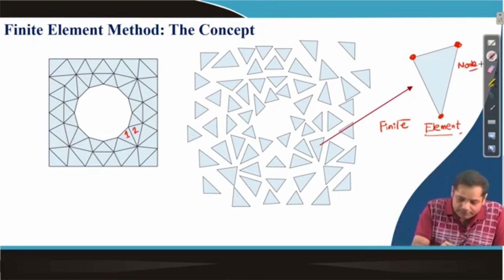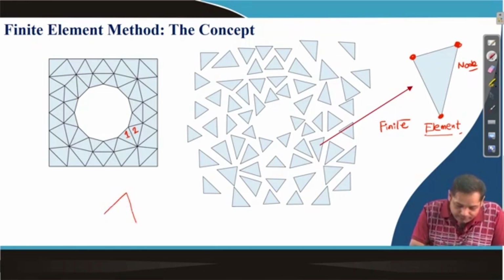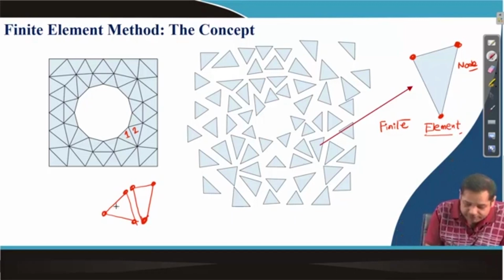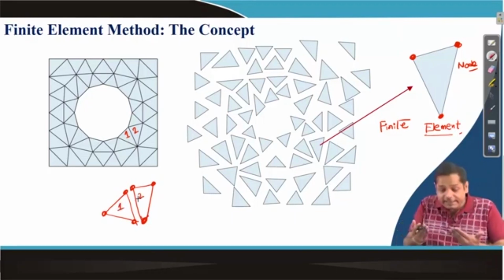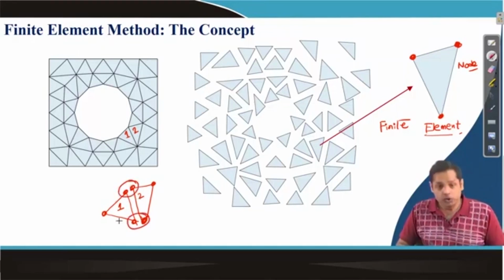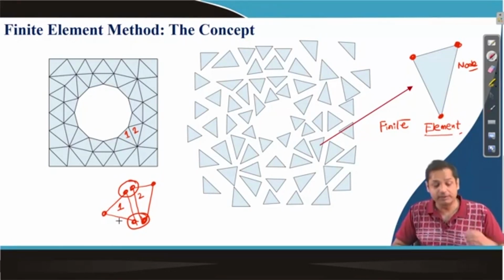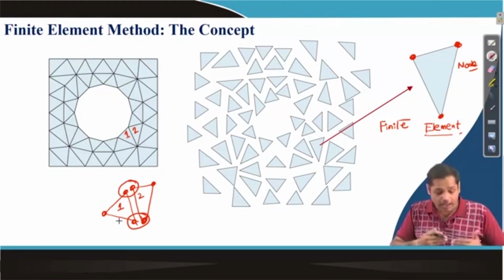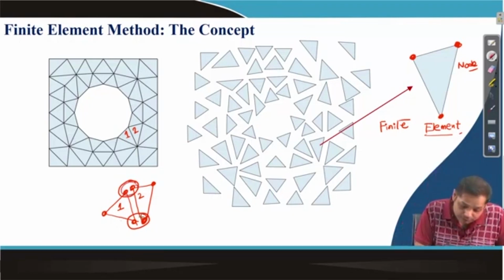Now consider these two elements. This element is like this, and this element is like this, right? So these are the nodes of this element, and these are the nodes of the other element. Now these two elements, element number 1 and element number 2, are connected with each other at the corner, at the node. So when we satisfy the governing equation at one element and the governing equation at another element, the passing of information has to be through these common nodes.